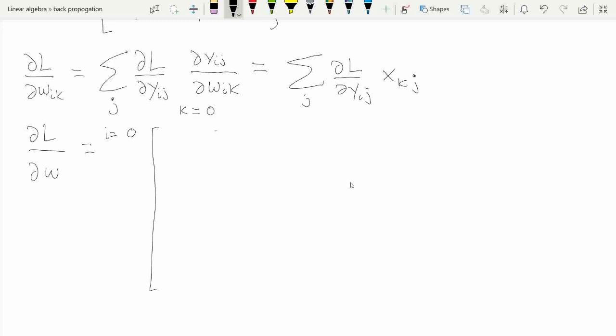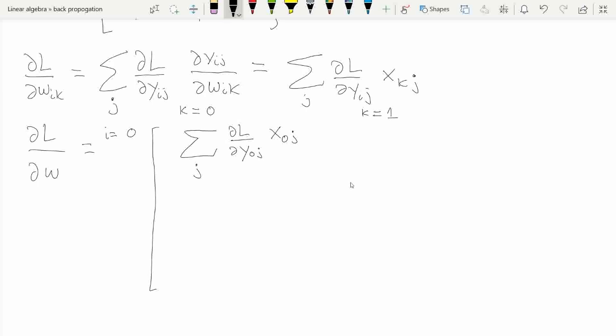So it's the sum over j of del L by del y ij times x kj, with i = 0 and k = 0, so 0j, x 0j. And then for the next entry, k is going to be equal to 1.